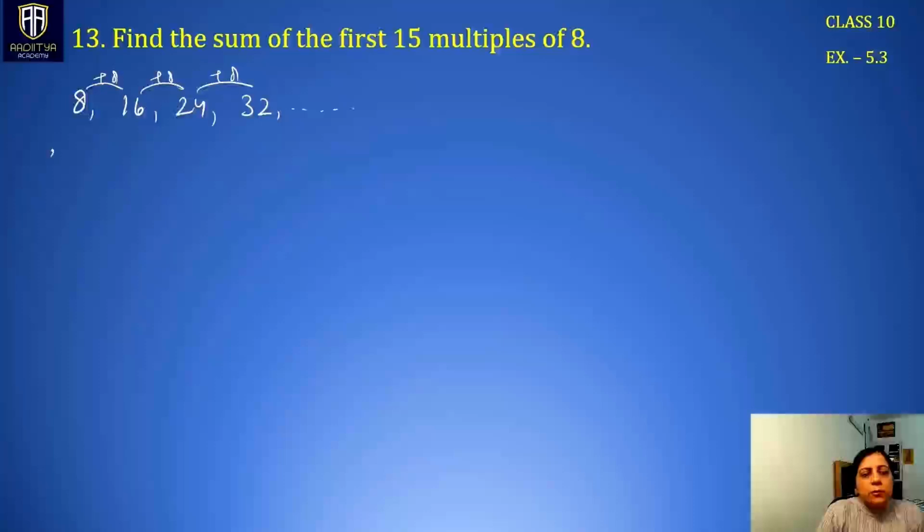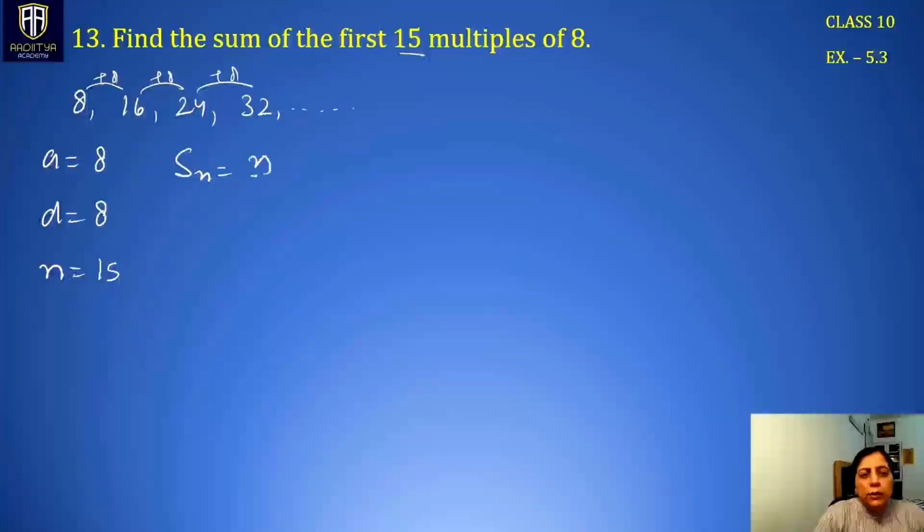From this sequence you can see that the first term is 8, the common difference D is also 8, and the number of terms is 15. So you can simply put the values in Sn.